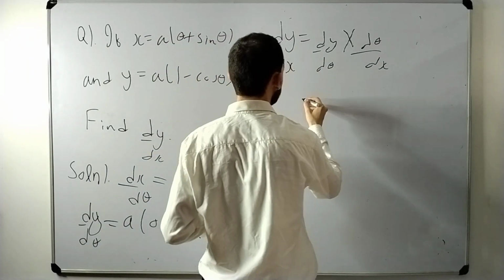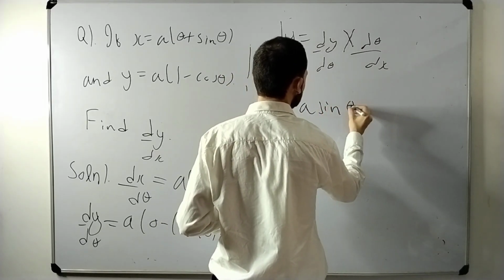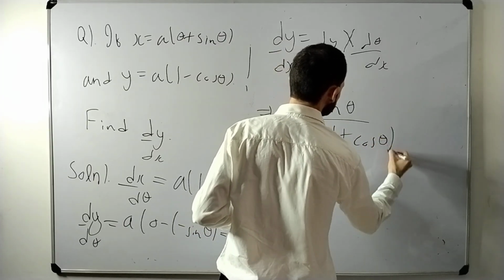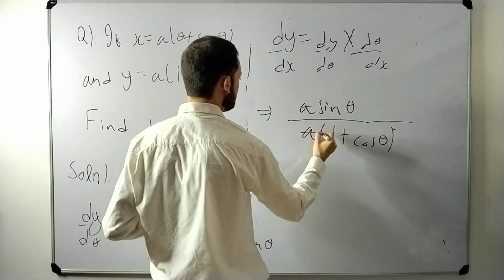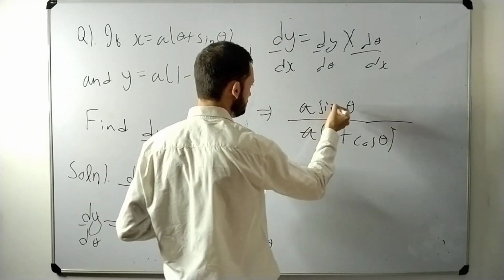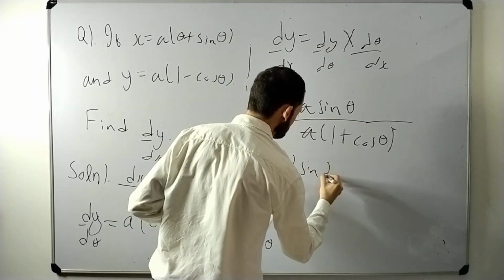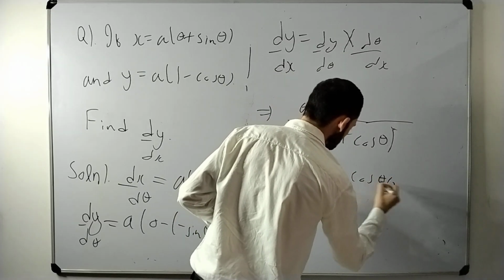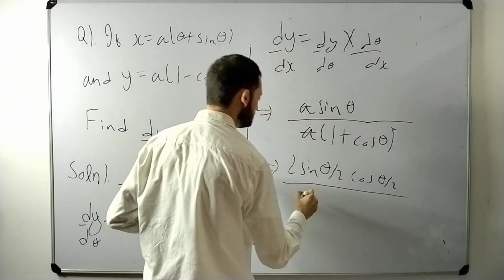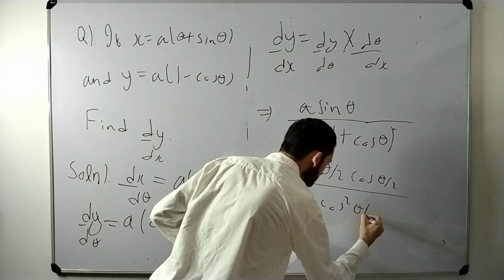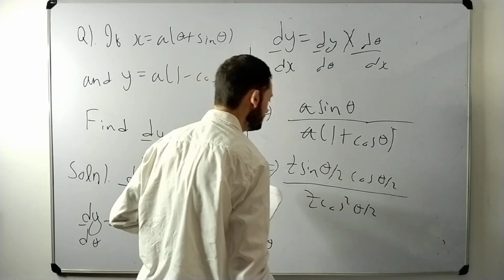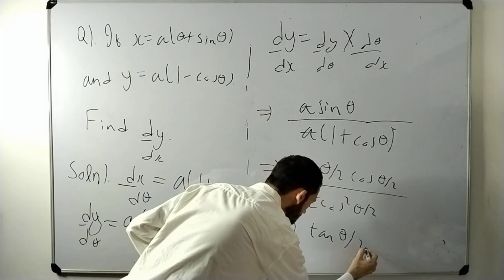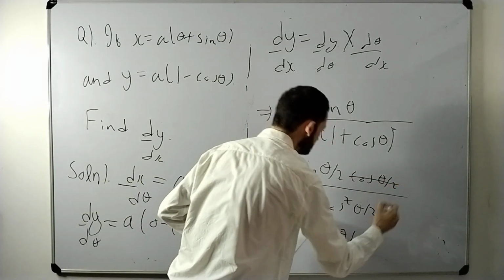Yes, what you are saying is perfectly right. This should be a sine theta, and this should be a times 1 minus cos theta. And the sine theta formula, tell me. Yes, 2 sine theta by 2 cos theta by 2. Right, students? And 1 minus cos theta gives 2 sine square theta by 2. This 2 gets divided and this becomes cot theta by 2. Right, students? Yes, sir, definitely.